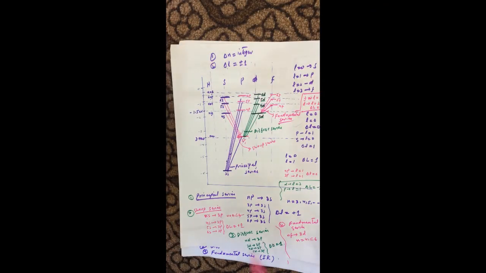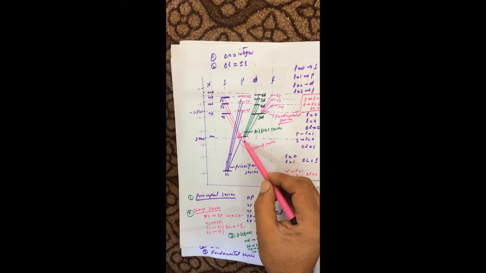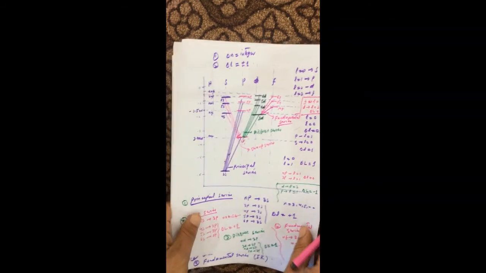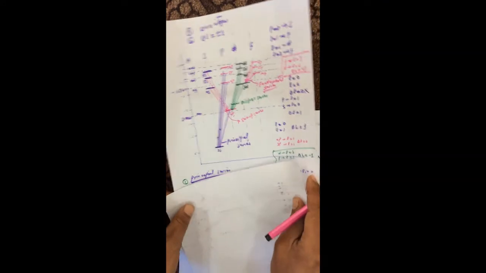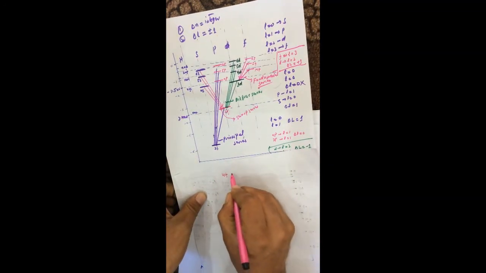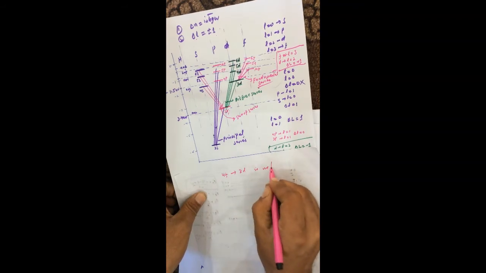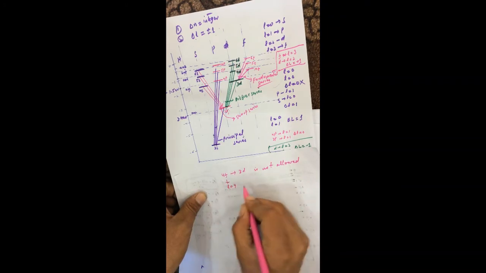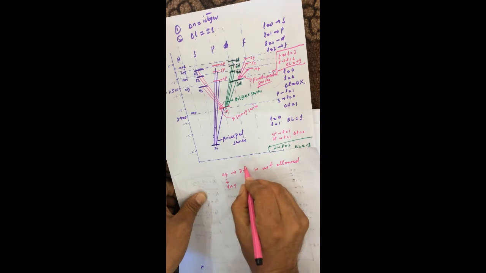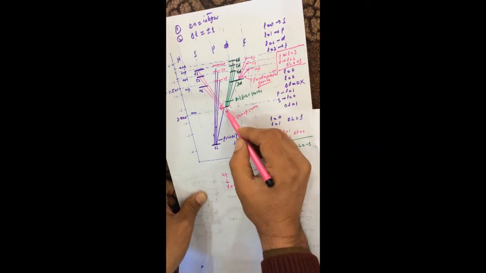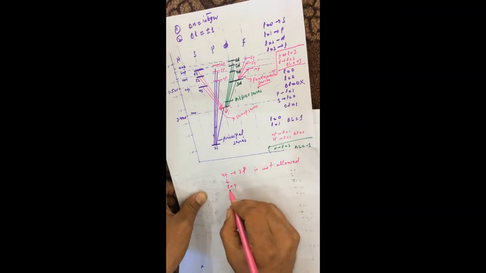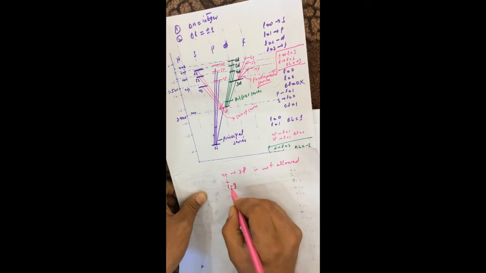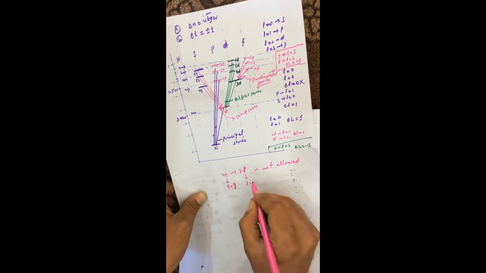Now transition from 4F to 3P is not allowed. And the reason is simple: for F the L value is 3, and for P the L value is 1.